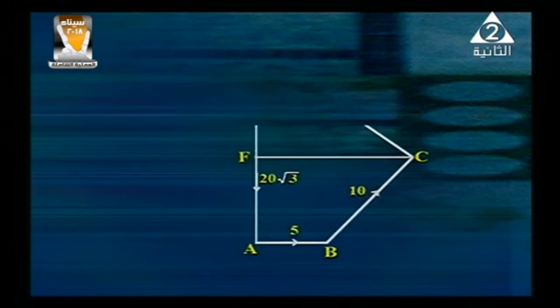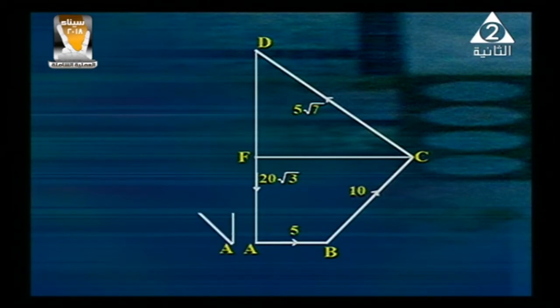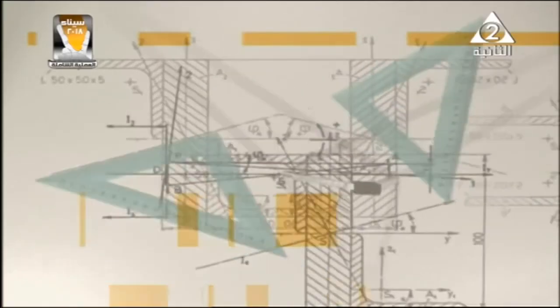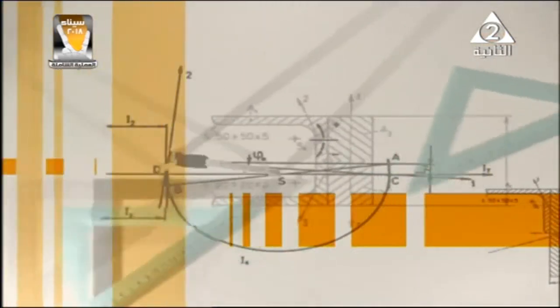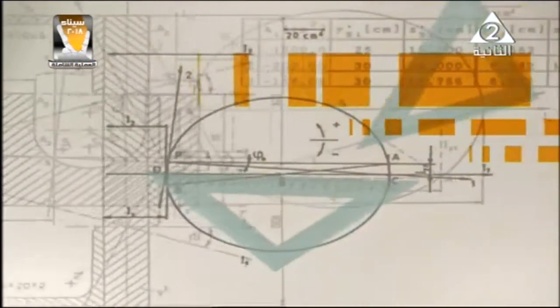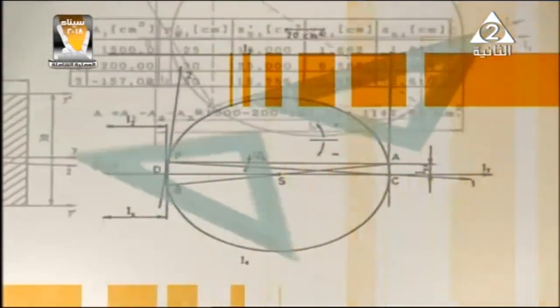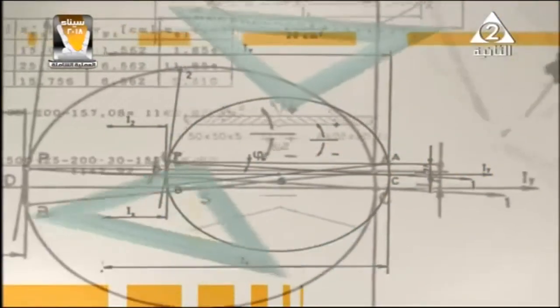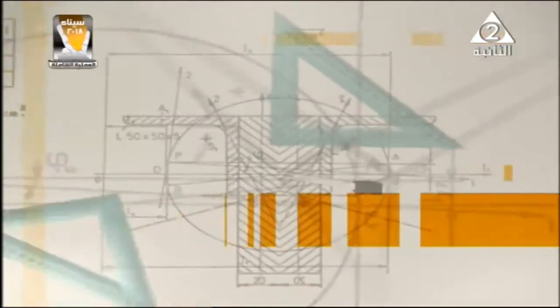Look, dear student, at the figure ABCD. We divided it into two parts. The first part, triangle. The second part is trapezium. Dear student, in this example, this is very important.